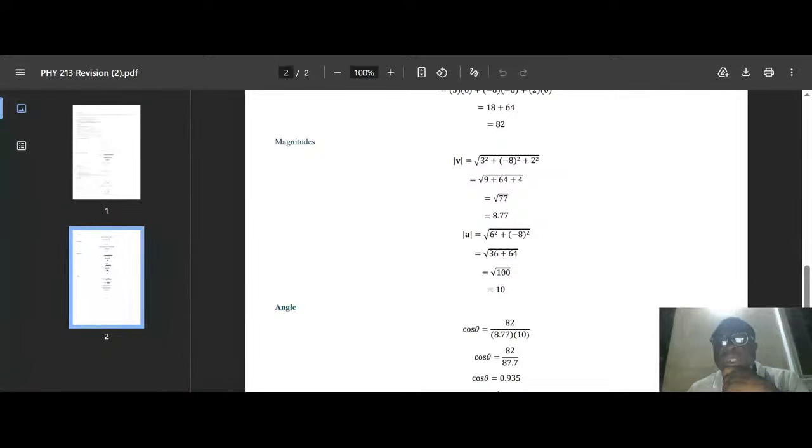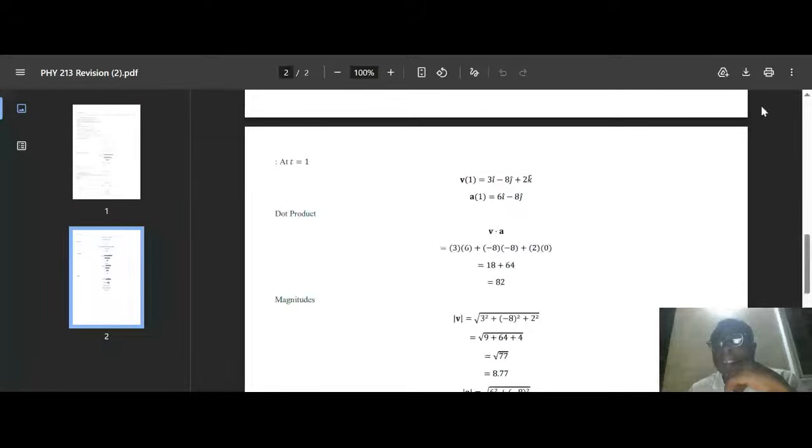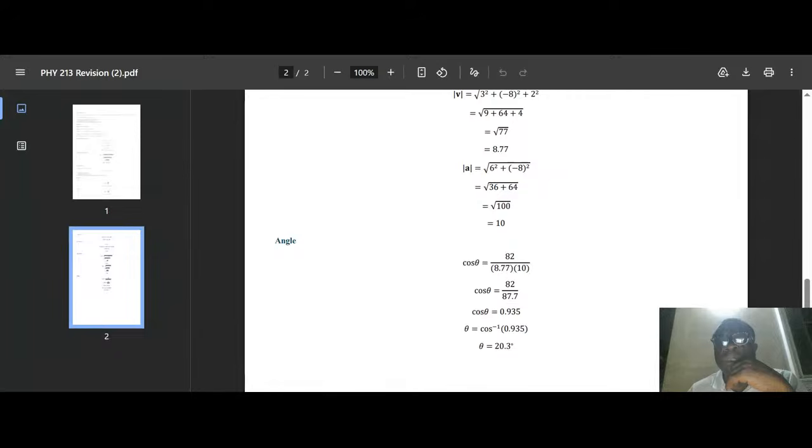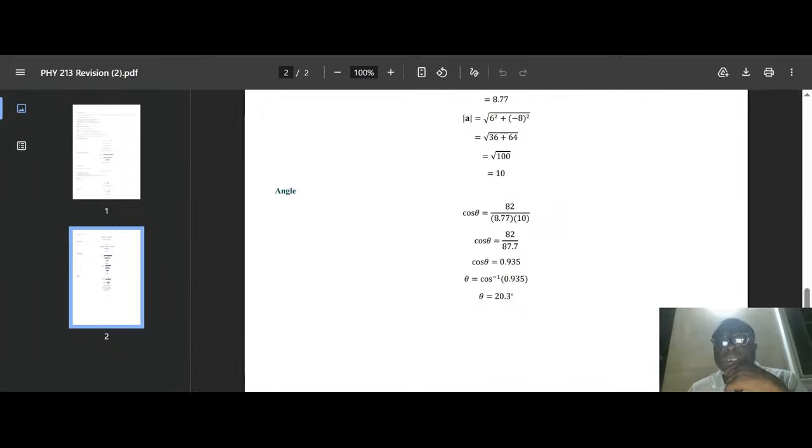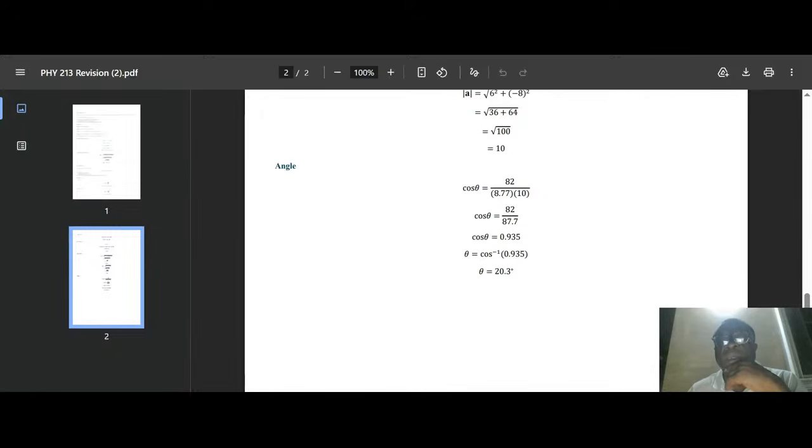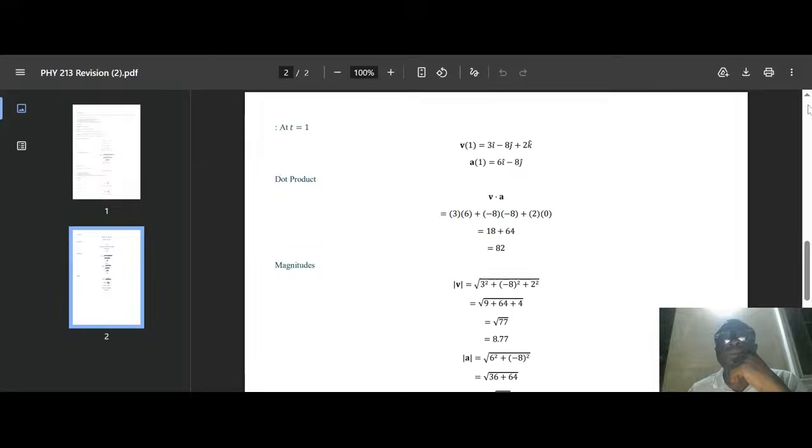That gives us 82 divided by the modulus of V times the modulus of A, and the angle is 20.3 degrees. So I want you to look at this.